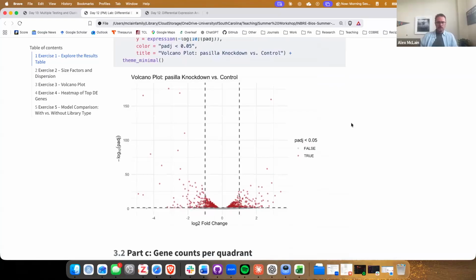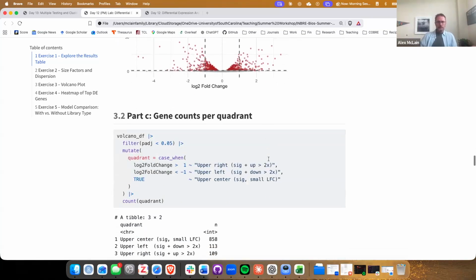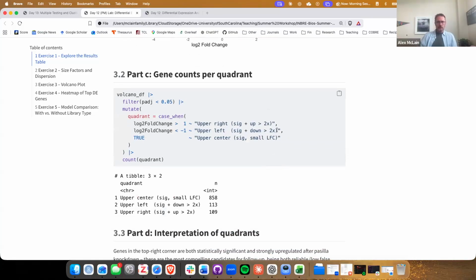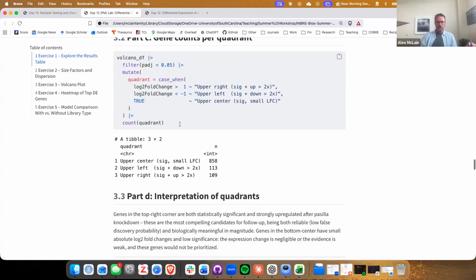We have the volcano plot, and the ones we want to pay attention to are the top left corner and top right corner. Those are ones that have high significance and large log2 fold change in absolute value. We looked at how many are significant and are either upregulated or downregulated.